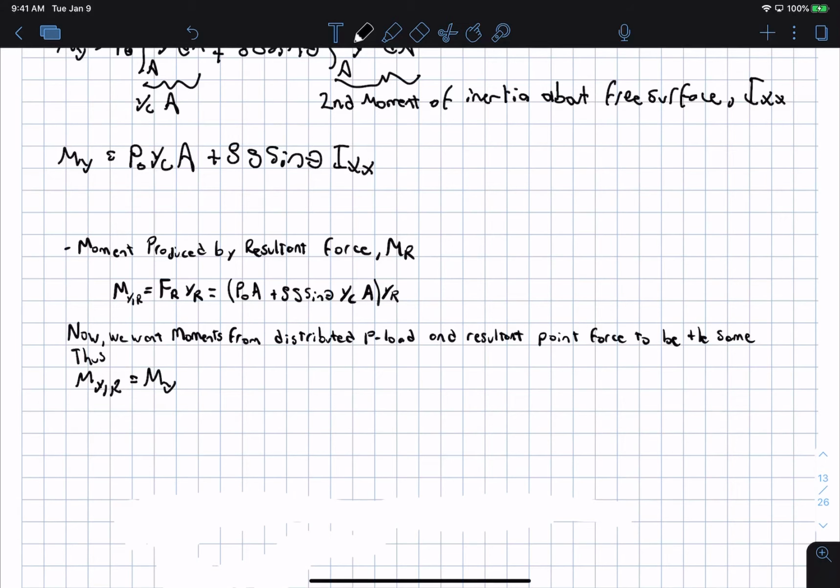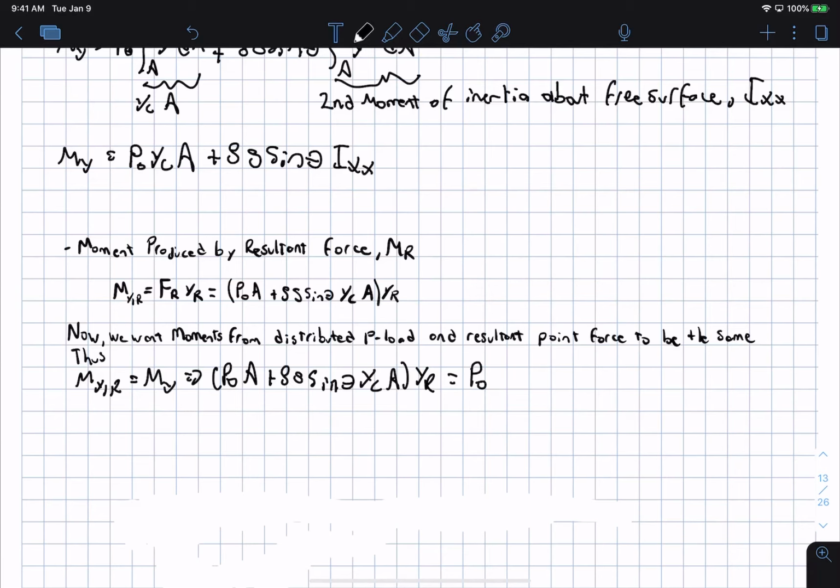the moment from the integration. So this implies that P naught times area plus rho g sine theta times the y value of the centroid, times the area, times the moment arm for the resultant force is equal to the moment produced by directly integrating the pressure force.